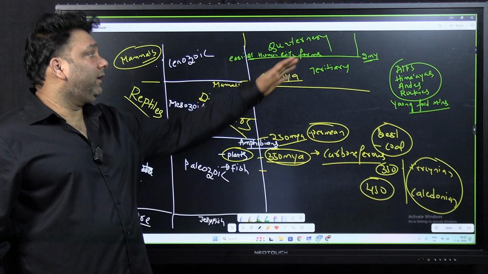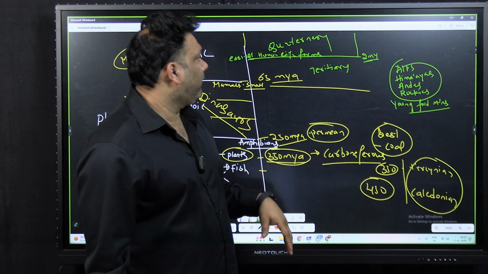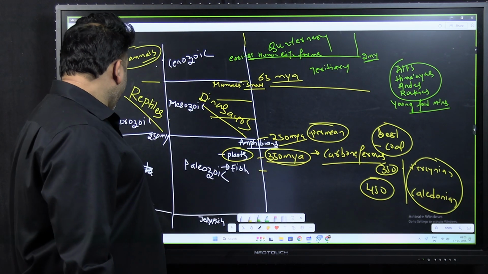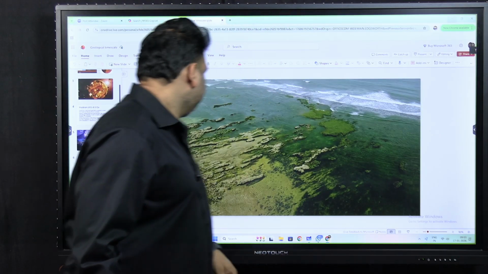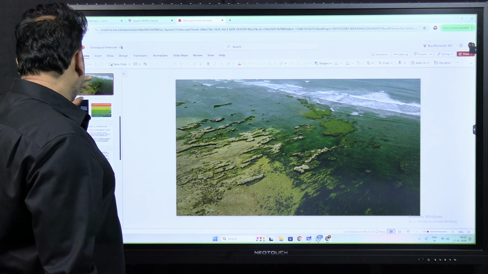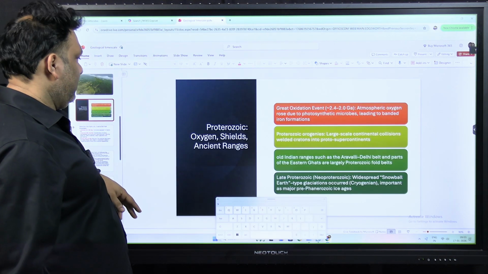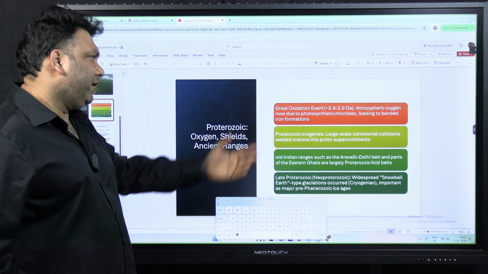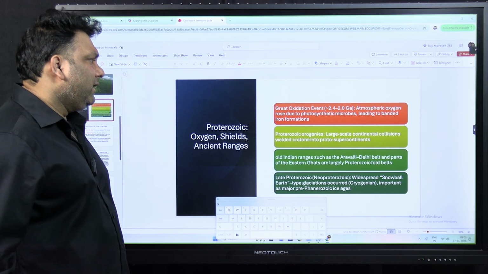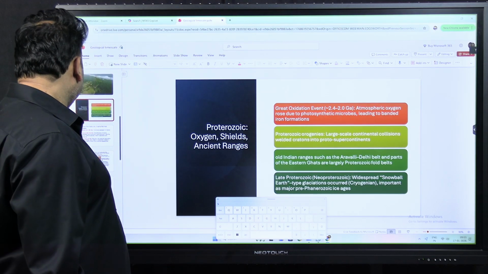Now, this quaternary is again divided into, do we have time? Okay, we can go for some more time. Now, quaternary is further divided. Again, you can go through the PPT here. So, what has happened during the Proterozoic? So, great oxidation event has happened, okay, large scale continental collisions, etc. I can go through all this, I have explained all this.